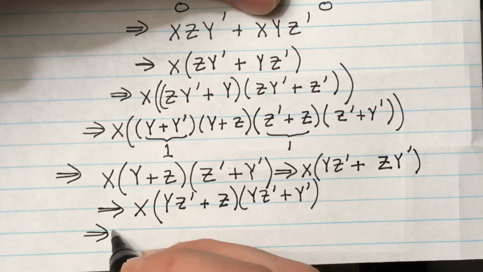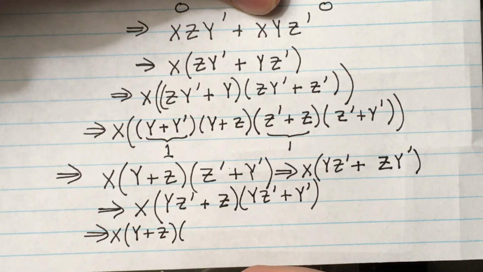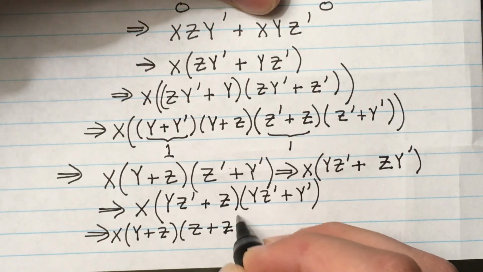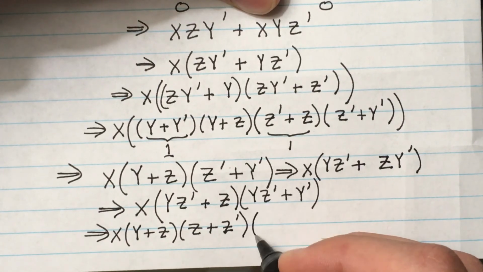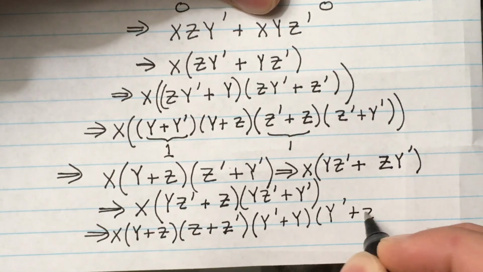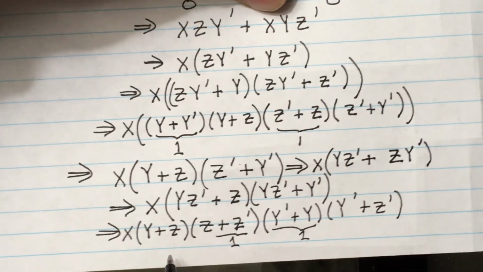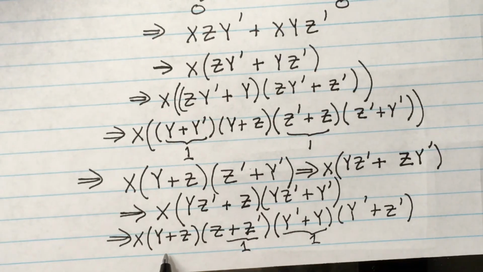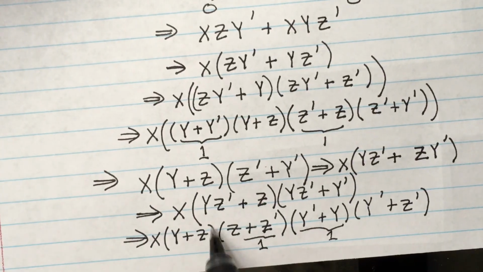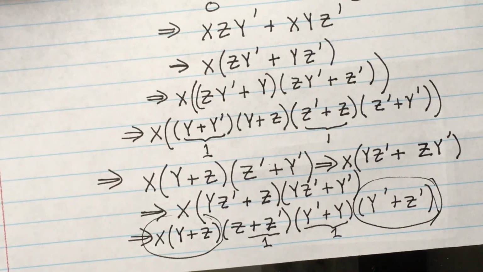Alright, and then that would simplify to x, and then y plus z, z plus z prime, and then y prime plus y, and then y prime plus z prime. These simplify to 1. And then so you're just left with, okay, I mean, I think we're just going in circles. That would just have this, that, all multiplied together would be your pretty much simplified version.